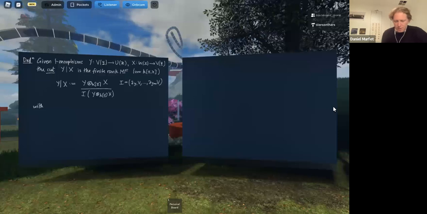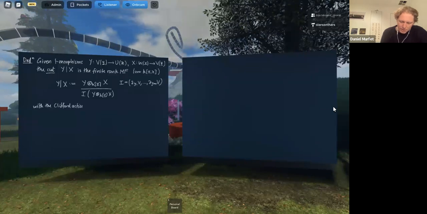The differential is just the induced one from the tensor product. And this has an action of Cm. So Cm, m is the number of variables in this intermediate ring where the V comes from.